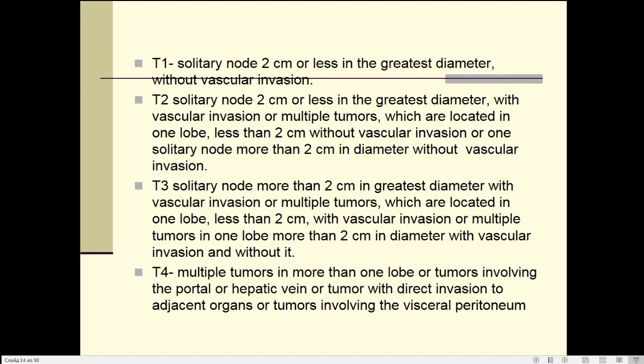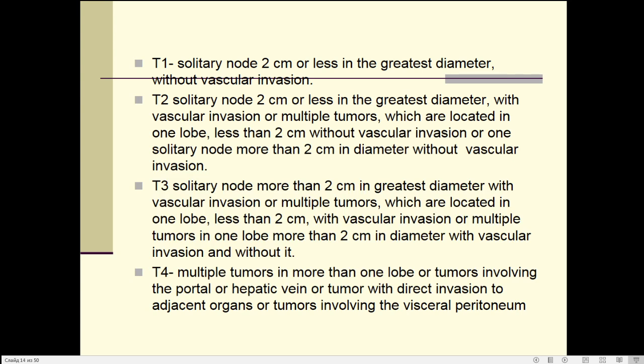T2, a solitary node 2 centimeters or less in greatest diameter with vascular invasion, or multiple tumors located in one lobe, less than 2 centimeters without vascular invasion, or one solitary node more than 2 centimeters in diameter without vascular invasion.